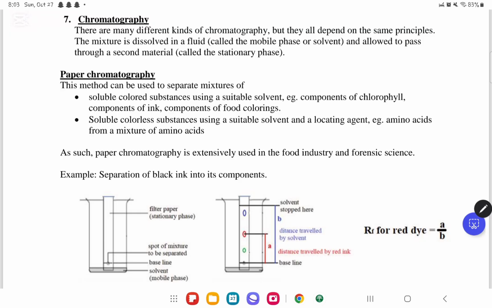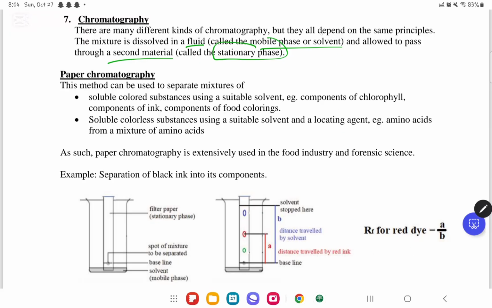They told us that there are many different kinds of chromatography, but they all depend on the same principles. The mixture is dissolved in a fluid and allowed to pass through a second material. So first thing for chromatography, they dissolve the mixture in a fluid. They call this the mobile phase or solvent. After this, they pass it through a second material called the stationary phase.